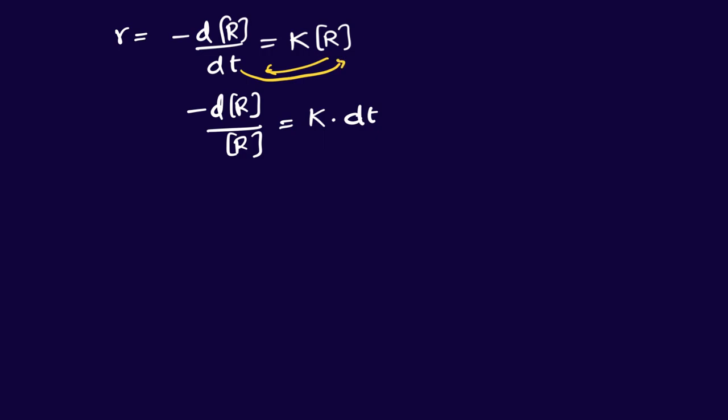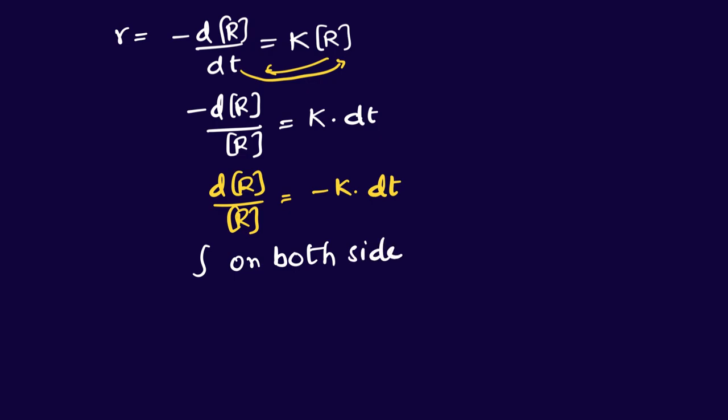Then multiply this equation with the negative sign, then minus into minus is plus, therefore dR concentration by R concentration is equal to minus K dt. Now integration on both sides, this is the integration symbol.